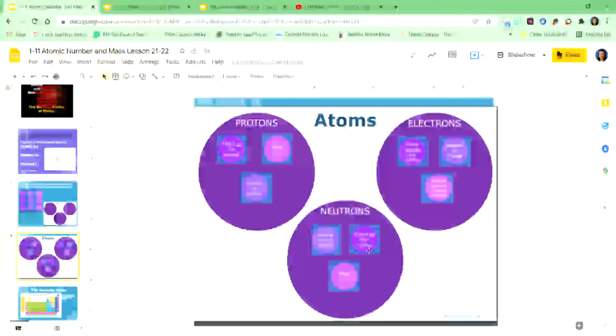They are found in the nucleus, and neutrons also have a mass of 1. Now the electrons are found outside of the nucleus. They have a negative charge, and they are 1/22,000th the mass of a proton, but we're just going to refer to it as 0.